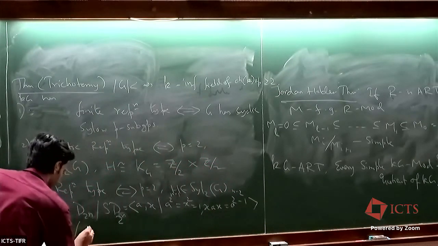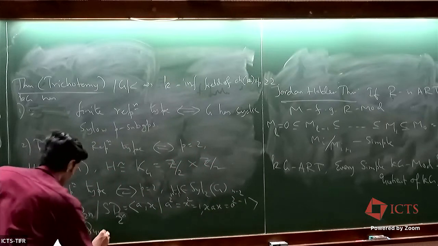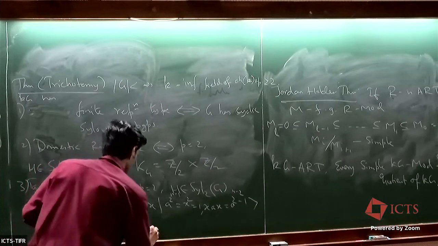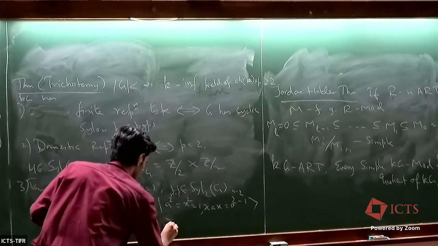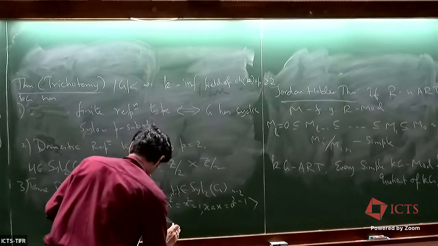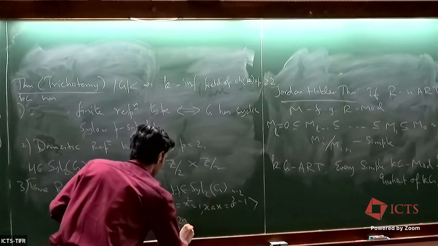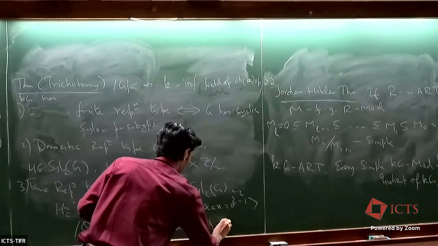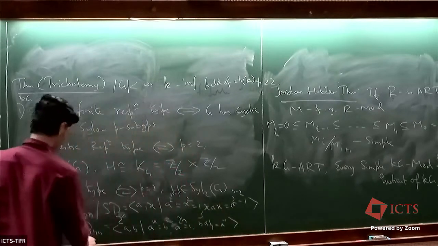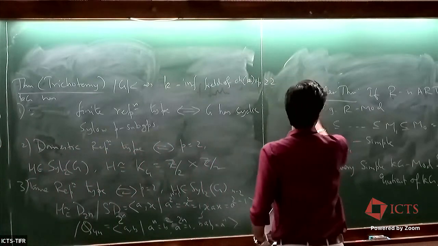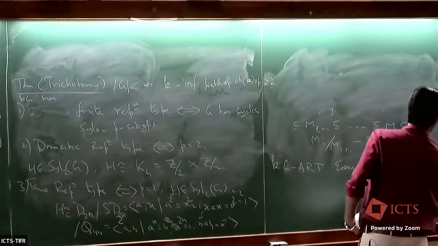Or it is a generalized quaternion group, again generated by two symbols but with different kinds of relations. And except for these cases, in all the other cases, KG has wild representation type.